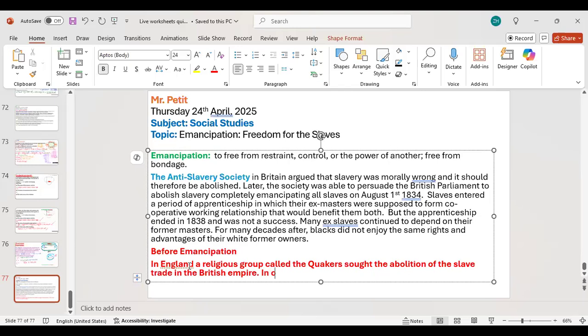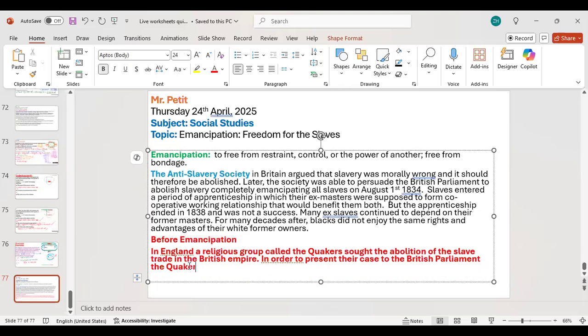In order to present their case to the British Parliament, the Quakers gained the support of a member of parliament.